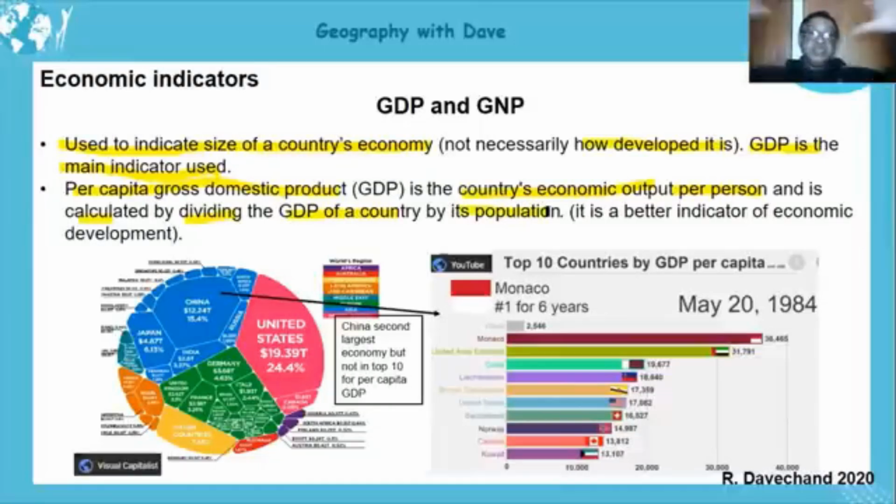So we say this is the amount earned, maybe South Africa 500 billion, I'm just giving an example. We take the number of people in the country and divide it, and that gives you an average income. It's not the best, but it gives you a better idea of how developed we are, the quality of life that people are living. So it's actually a better indicator of economic development. I want to show you an example here. Let's take China.